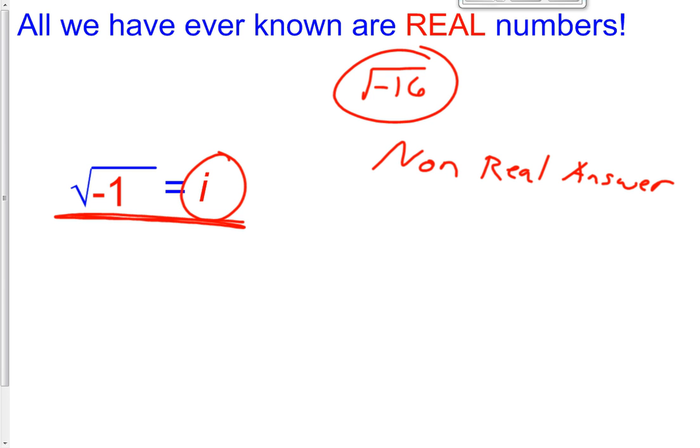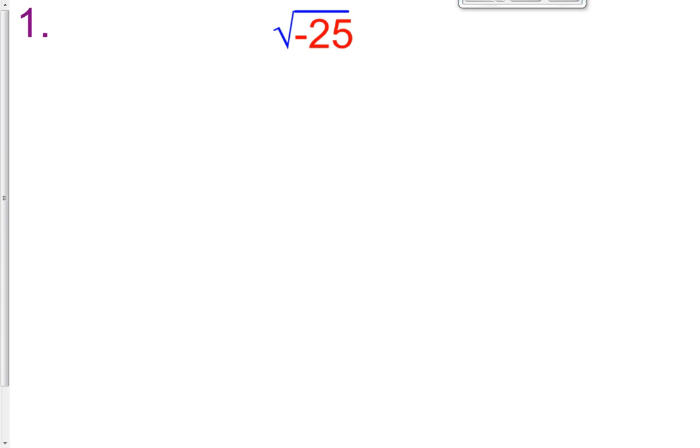So we'll go to our first example problem. The square root of a negative 25. You cannot take the square root of a negative number and get a real solution. However, we can get an imaginary solution. I'm going to break this up. I can't take the square root of a negative 25, however, I can take the square root of a positive 25, and I could also take the square root of a negative 1.